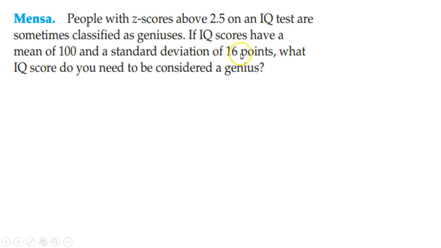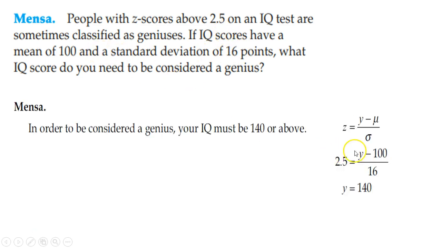That's 1, 2 would be 32, and then half of that about 40, so maybe like 140. I just eyeballed that by going up 1, then another, and then half of that. But you could have also said 2.5 goes in there. The mean is 100, 16 is the standard deviation. So you multiply by 16 and add 100 to get that anything that is 140 or above would be classified as being a genius.